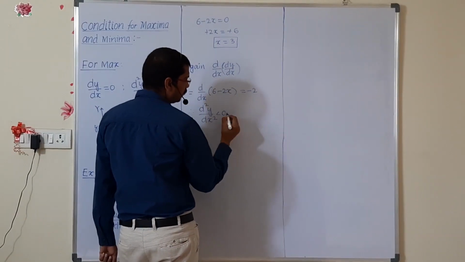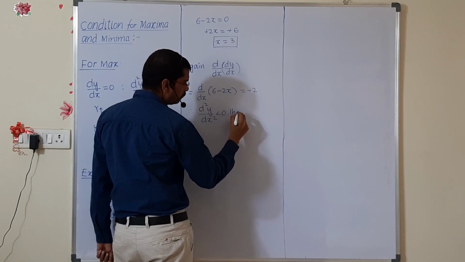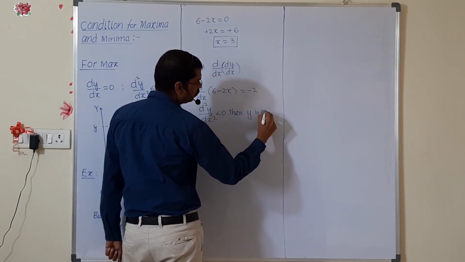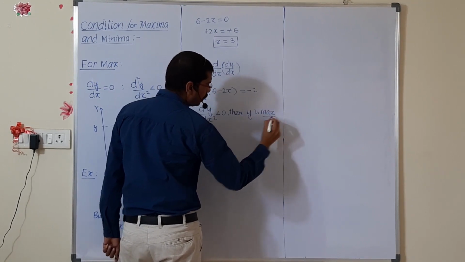Then what will happen? Less than 0, then y is maximum. Now we got the clarity.